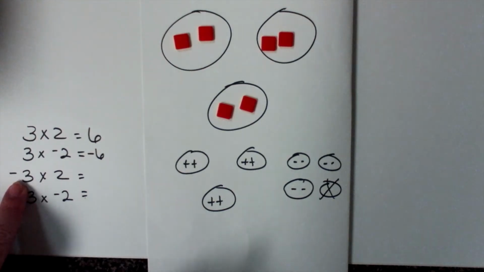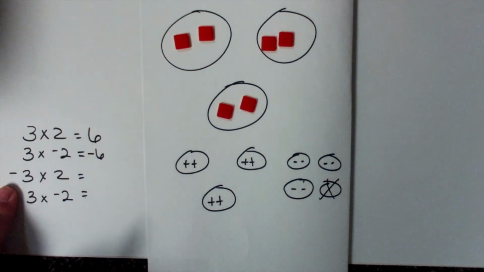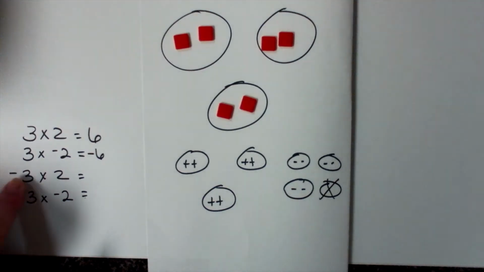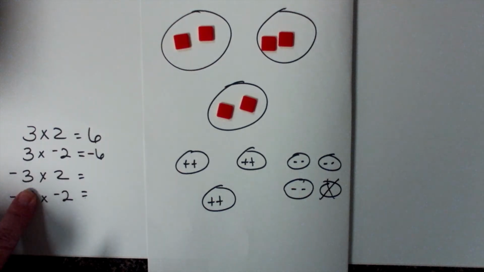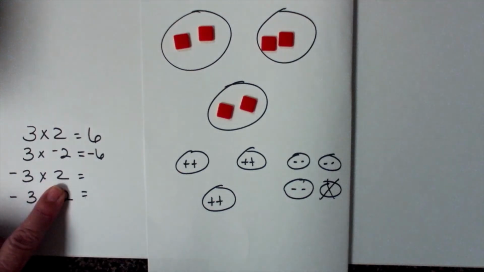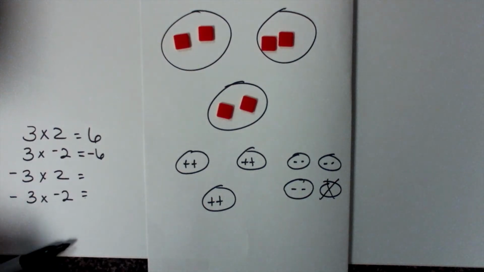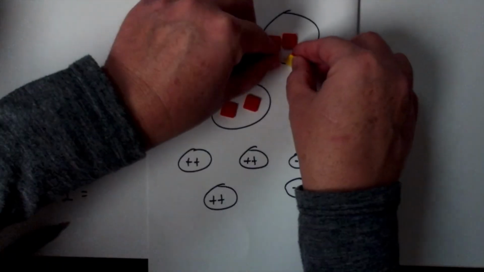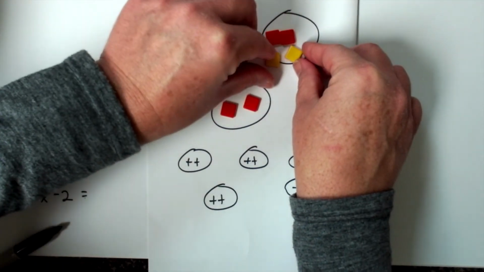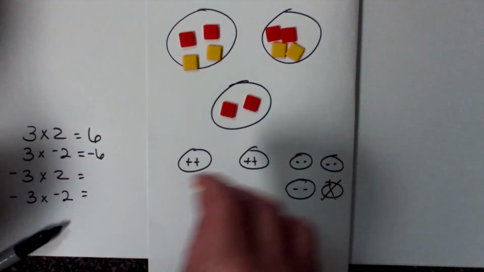Now, the next one. This says here, and I could do this, I could do groups, and it would say I'm going to remove 3 groups of positive 2. That's what it would say. Because I can't have a negative group. So I'm going to remove 3 groups of positive 2. This is where I said you could get into building the sets, and there would be positive and negatives in this case, just like this right here. So I'm building 0 pairs inside the groups.